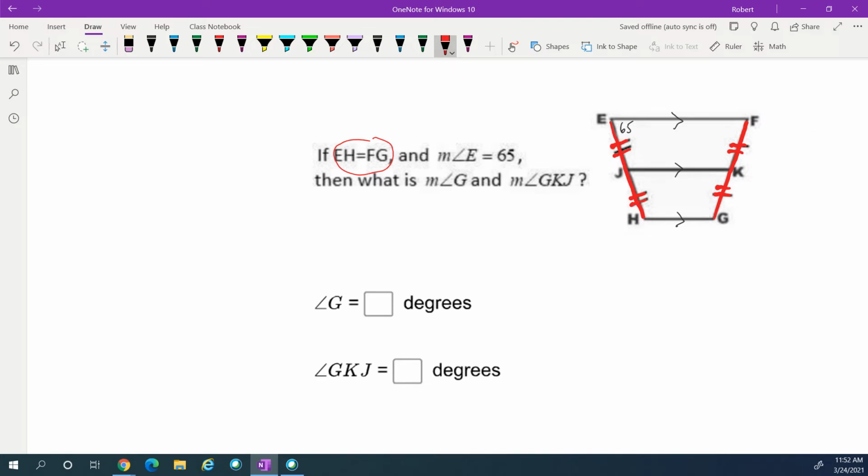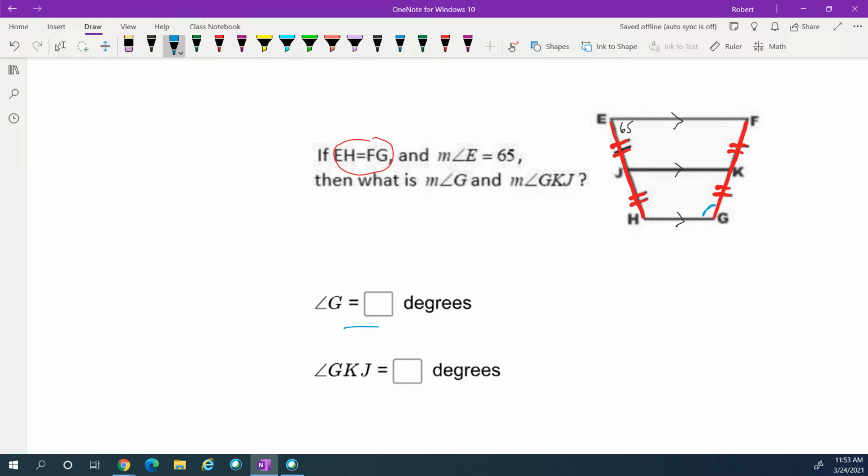Because now, even though it wasn't shown in the picture, in the problem, they're telling us that this is an isosceles trapezoid. They're telling us those legs are congruent. That means that the base angles are congruent. So the first thing they asked for was angle G, and that's on the other side of the picture.